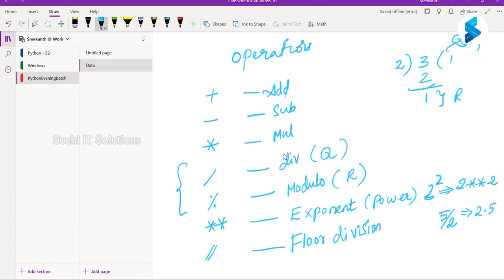Right. So if I use 5 double slash 2, this will result in just 2. Only the floor value, which is going to be 2. That is called floor division.